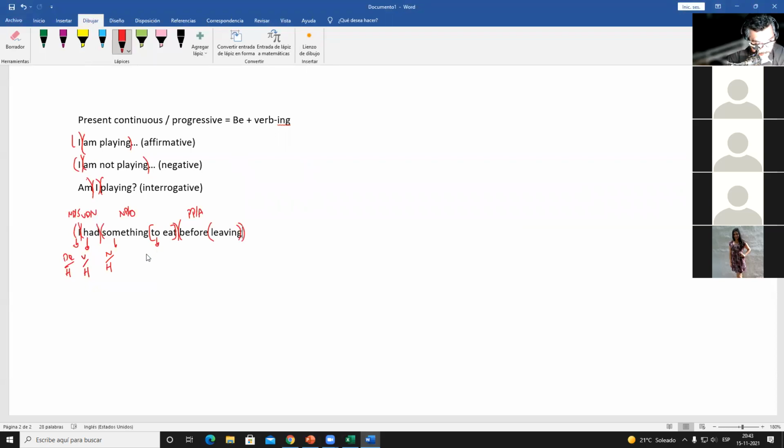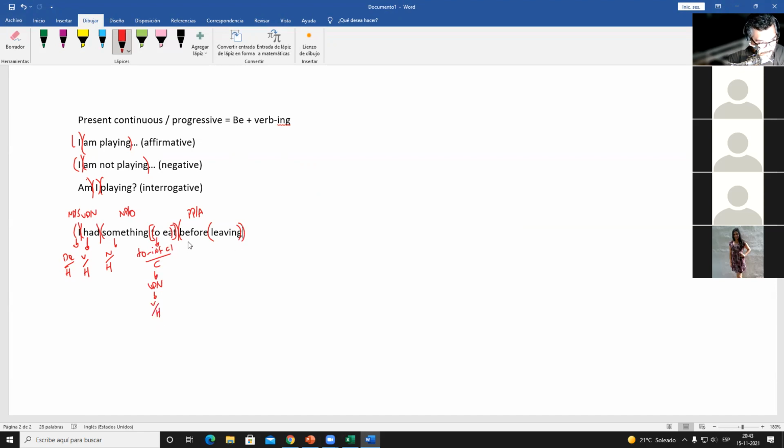But what type of clause? This is a to infinitive clause acting as a complement of something. And inside of that, we have a verb phrase verb, to eat. And inside of that verb phrase verb, I have one single verb, to eat.